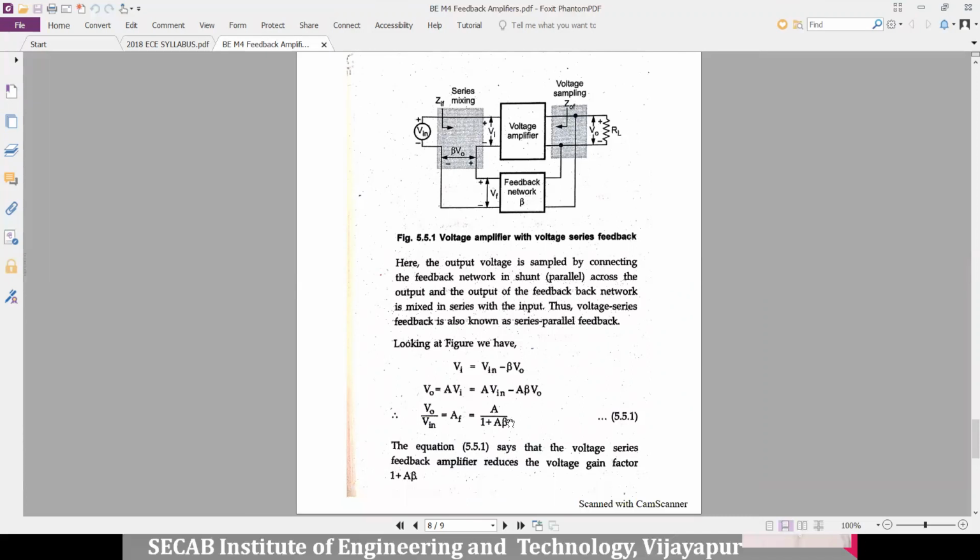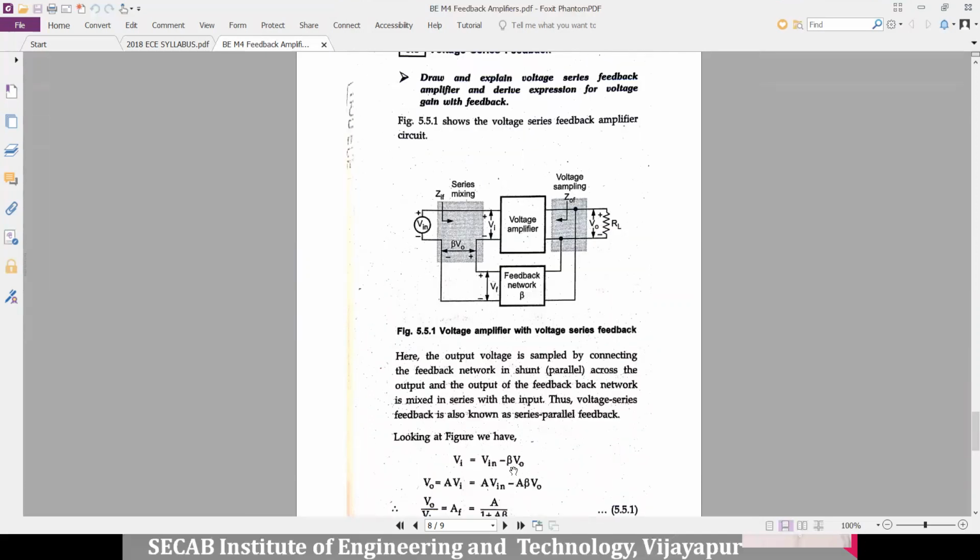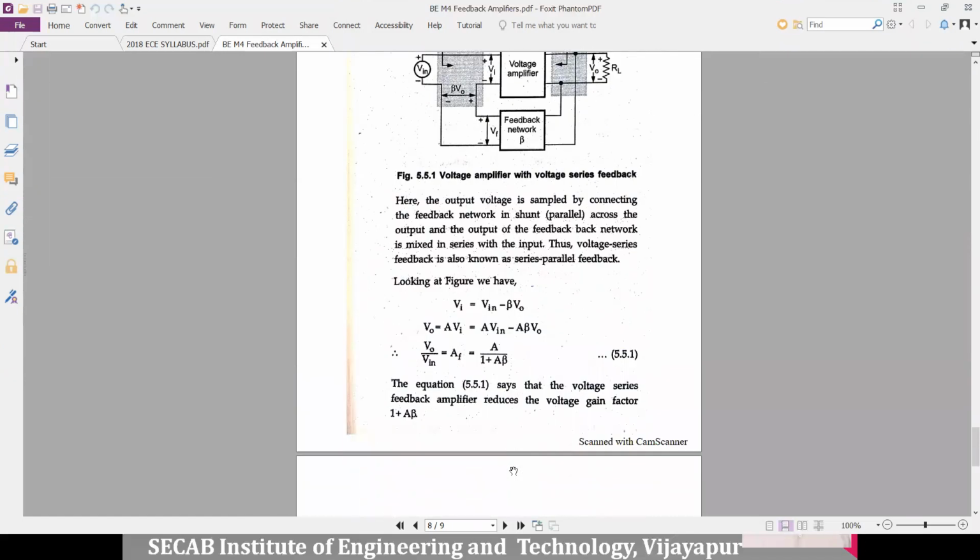And this says the gain of the amplifier is reduced by a factor of 1 plus A beta, where A is the gain of the amplifier. So this is all about voltage series feedback.